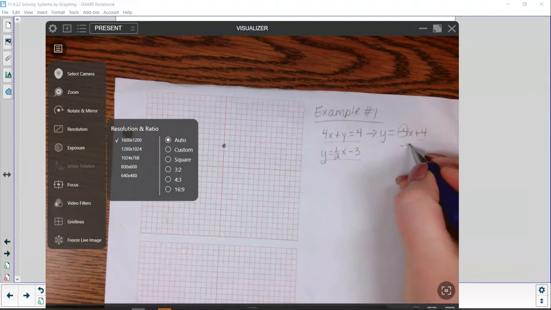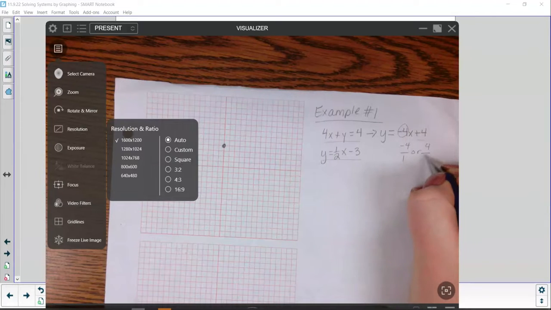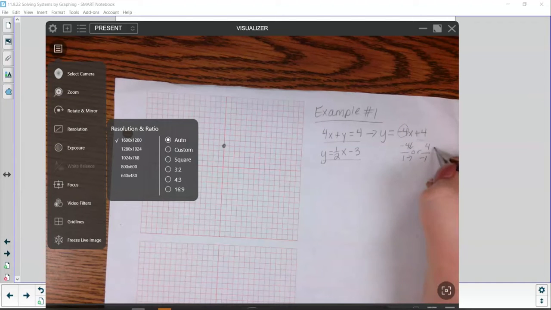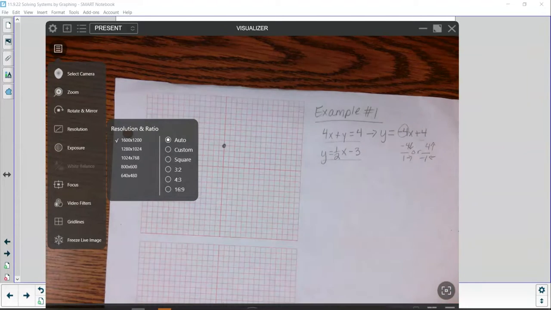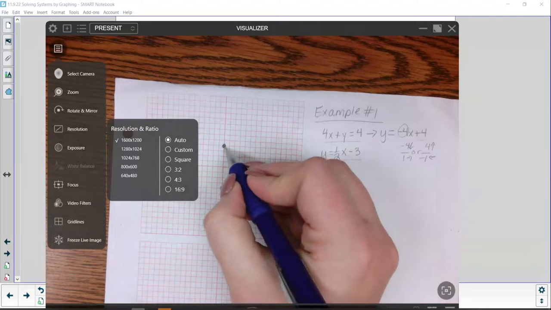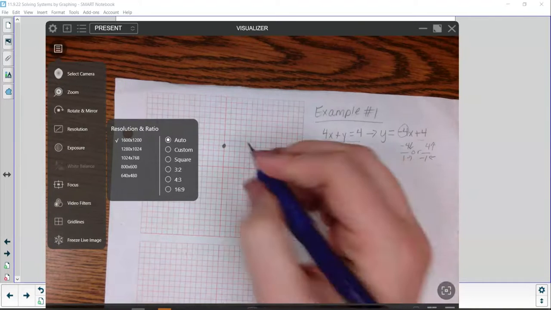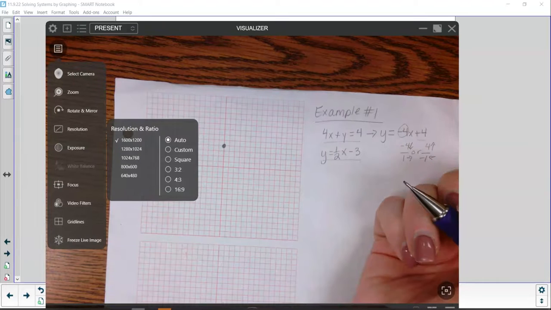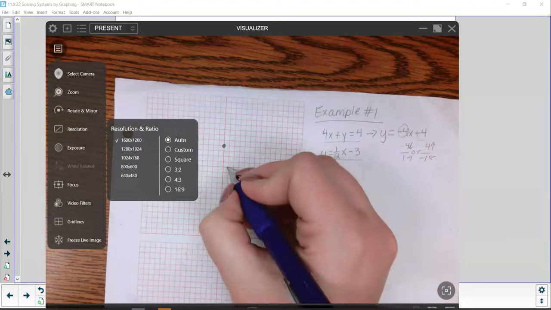So that means we have negative 4 over 1 or 4 over negative 1, which basically means you can go down 4 and right 1, or you can go up 4 and left 1. Okay, so if we started at our y-intercept, which was 4, we can go down 4, 1, 2, 3, 4, and then we can go to the right 1.